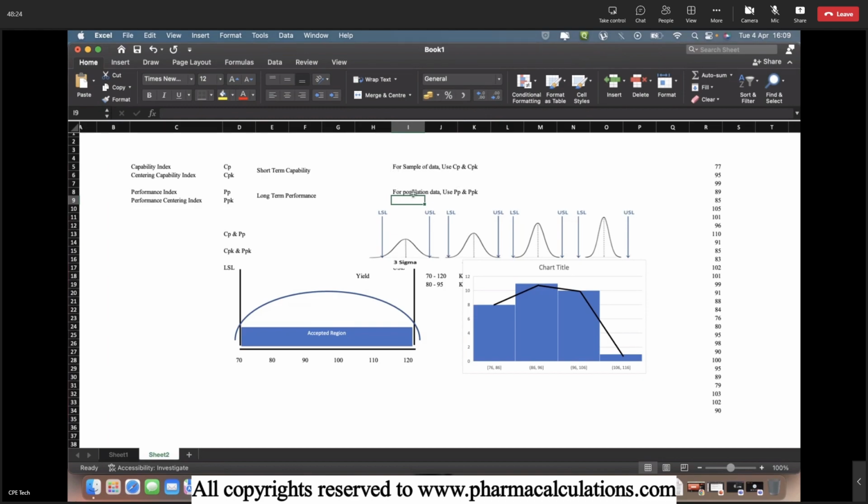There will be certain advantages and disadvantages for these two. Whenever you analyze the process capability using CP-CPK, the advantage is that it is easy to analyze, because you are going to collect only a sample of data. As you collect only a limited number of data points, the analysis can be done easily.